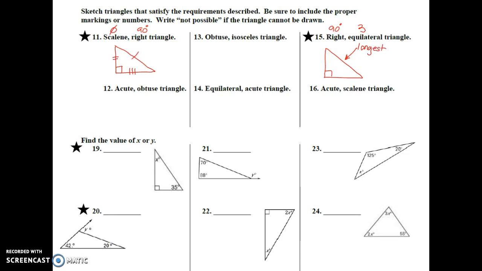And you can't have one longest side and 3 equal sides. So this one is not possible. You cannot draw a right equilateral triangle. In fact, an equilateral triangle would have 3 60-degree angles, none of them being 90.